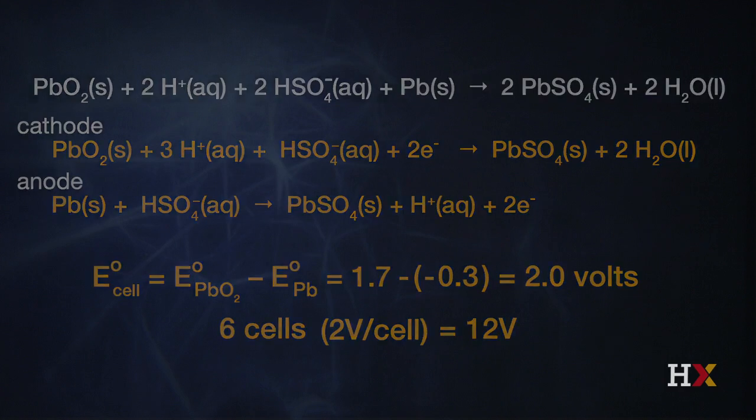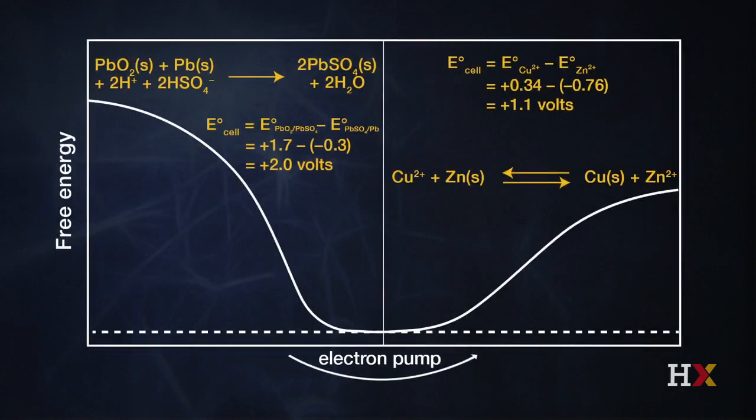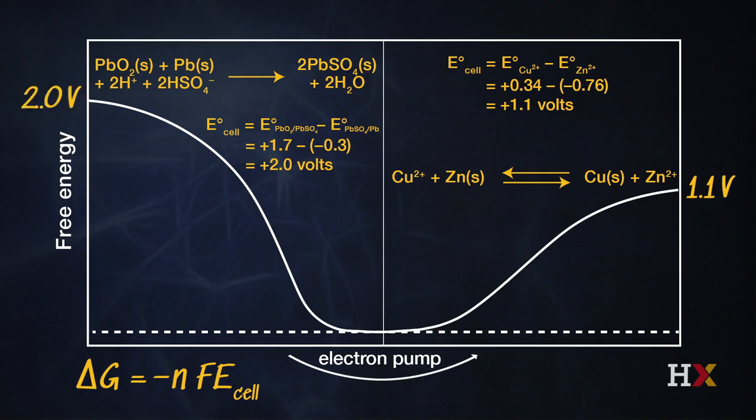Now, because we have 2 volts, and because we have this crucial relationship that delta G is equal to minus the number of electrons times the Faraday constant times the cell voltage, we know that because we have 1.1 volts here, we have the proportional change in Gibbs free energy. But that's true also of the lead-acid battery. We've got 2.0 volts.